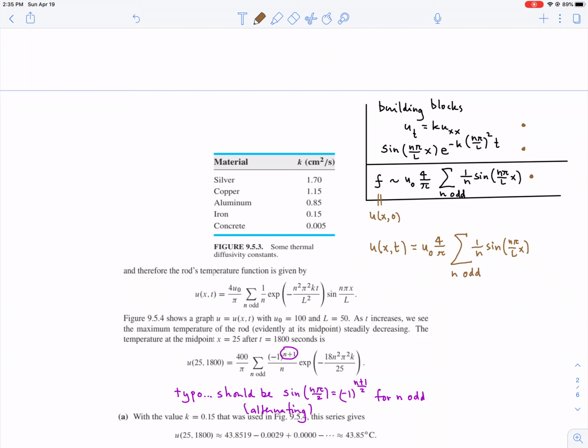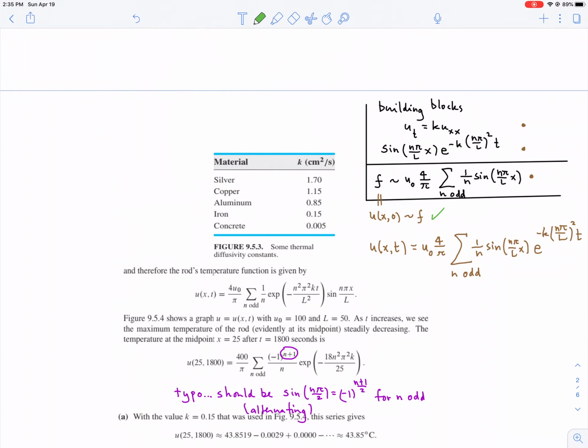Okay, so now I've just written down u of x, 0, but I'll multiply by this exponential e to the minus k n pi over L squared t. And at t equals 0, that's just 1. So u of x, 0 definitely has the same Fourier series as f.